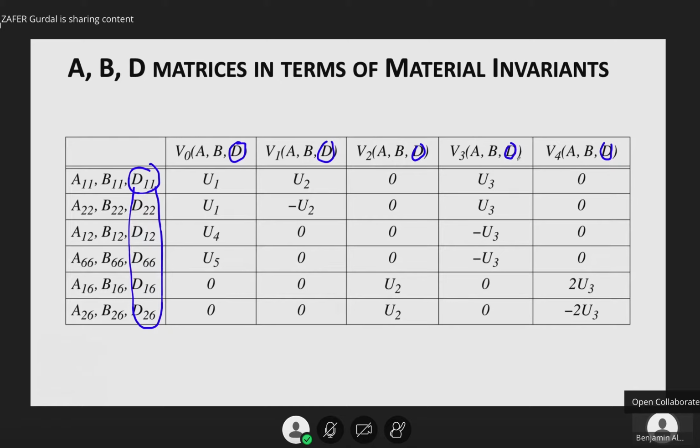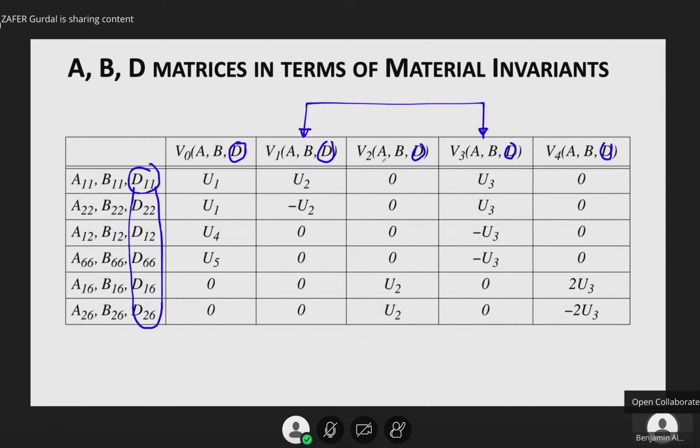So these were the most generic form. Now the question is, how do we write these V0D, V1, or V2, or V3, or V4D? As I said, we're going to concentrate on balanced symmetric laminates, in which case we're just going to be interested in this column and this column V3D in there.